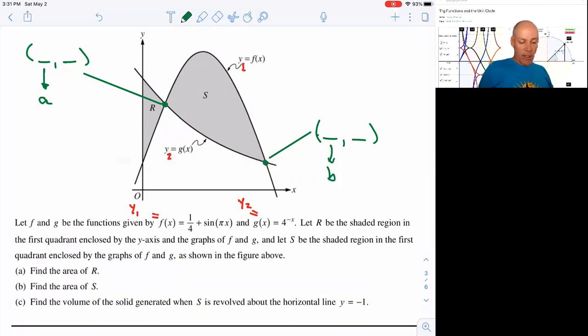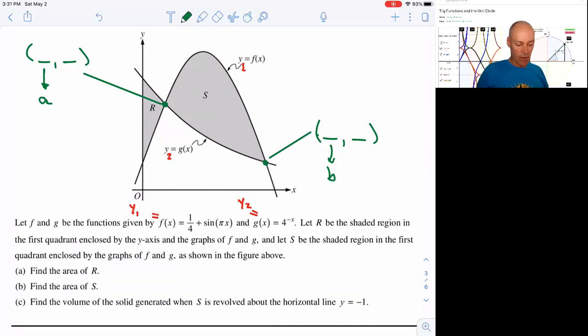So I want to find the intersection point on the left first. I'm going to go to my graph and double check that I can see both functions. Okay, I see f of x first. I just have to make sure that I'm seeing both of those graphs.